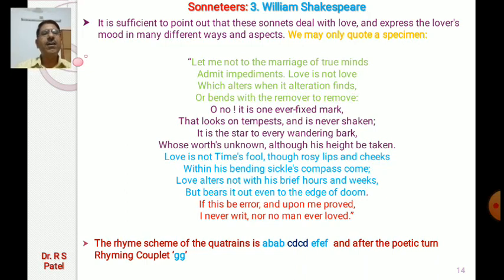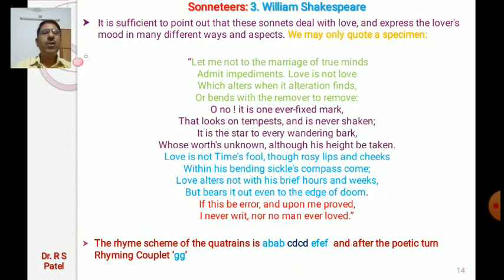Something like this he tries to express in this sonnet, and at the end of it, the solution that he gives here is, if this be error, જો આ મારી લાગણી છે એ ખોટી હોય, ભૂલ ભરેલી હોય, and upon me proved, and એ મારી લાગણી જો ખોટી સાબિત થાય તો, મારા ઉપર એ ખોટો આરોપ મુકાય તો, I never writ, હું આવું કદી લખું જ નહીં.